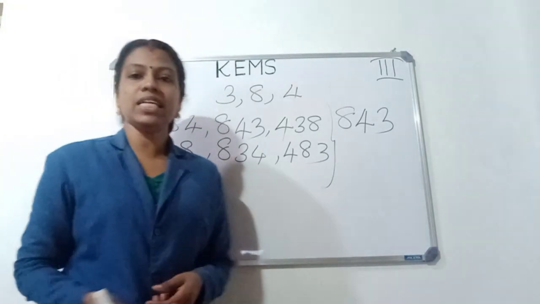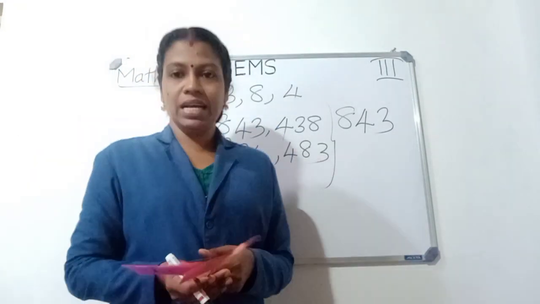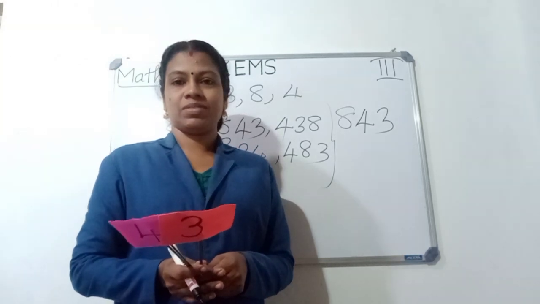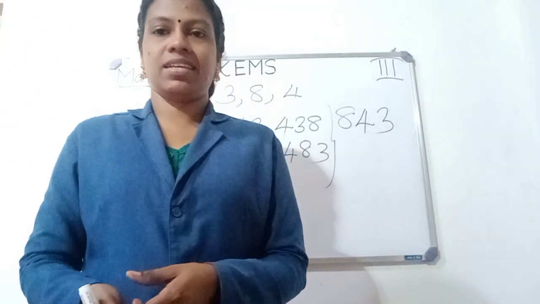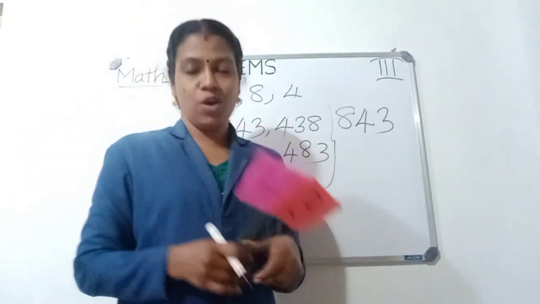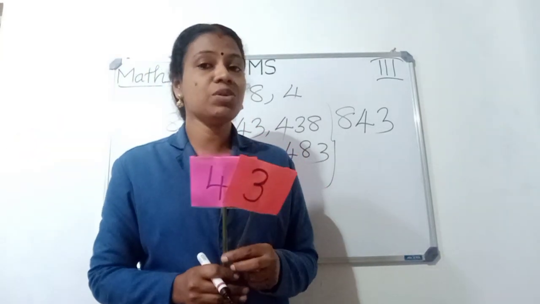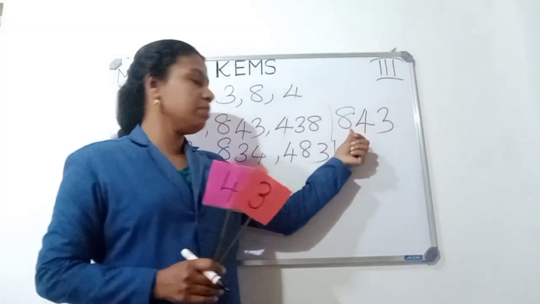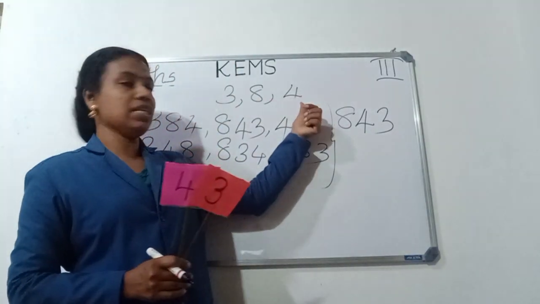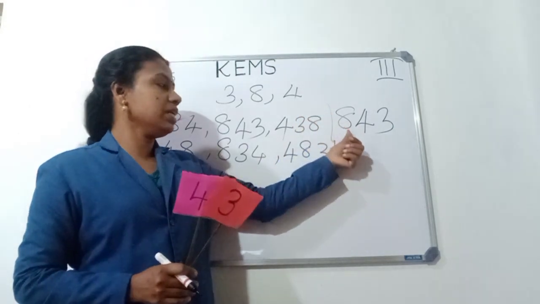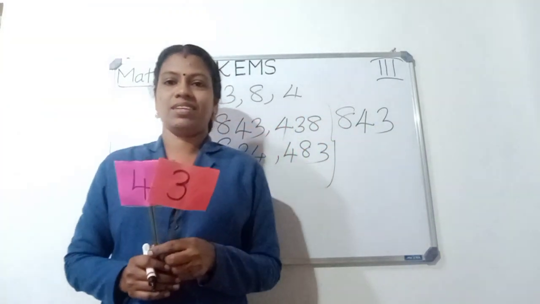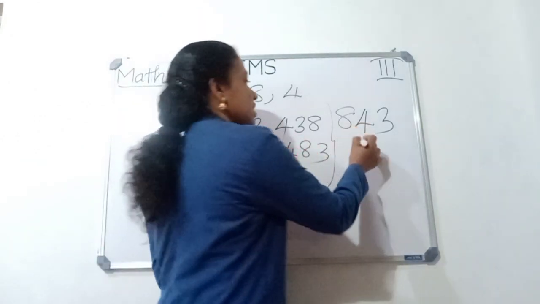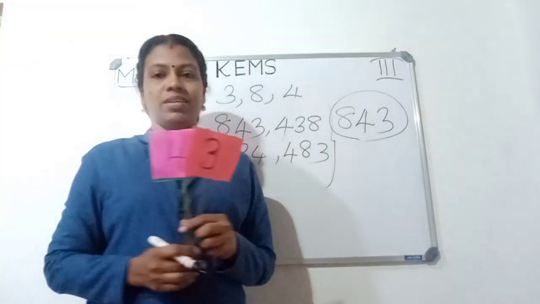So it is very easy to make the biggest number. What we do? Just write the digits in descending order, that is big to small order. First the biggest digit 8, next 4, next 3. So 843 is the biggest number.